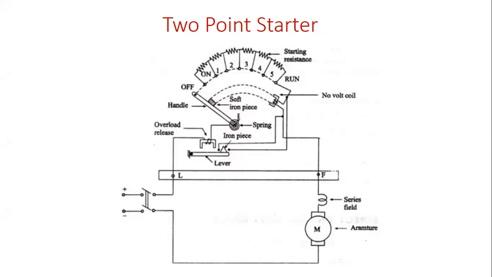When the handle reaches the run position, the motor may reach its rated speed, such that the soft iron in the handle of the starter gets attracted towards this electromagnet, right? Now the condition is okay. The motor is running at its rated speed.